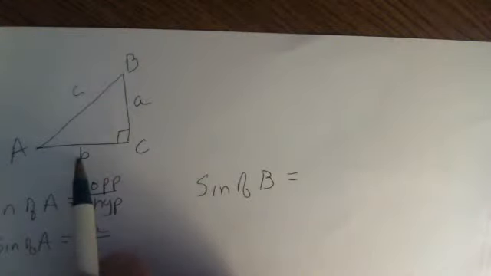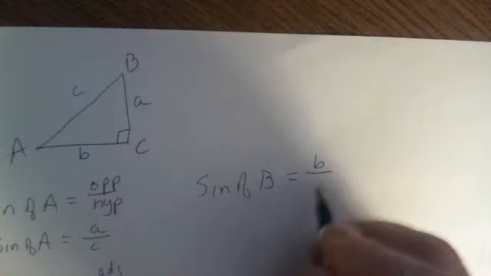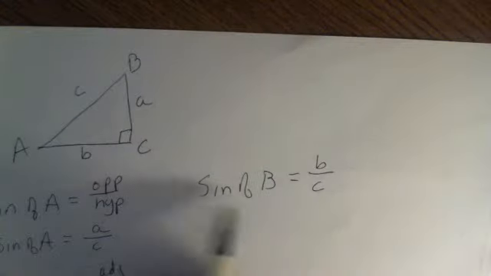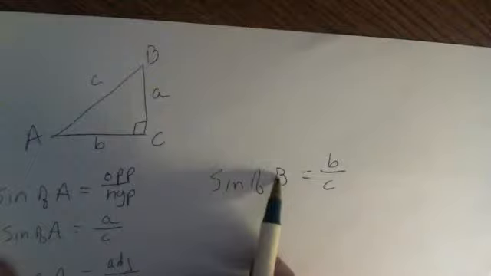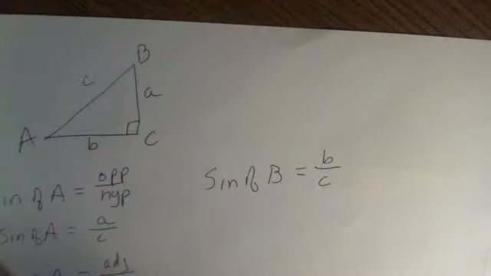All right, let's look at the other angle. Sine of B is the opposite side to B over the hypotenuse, so it's B over C. The sine relationship never changes. What changes is the angle you are referencing, and therefore one or two of the sides, depending on which trig equation you're using.